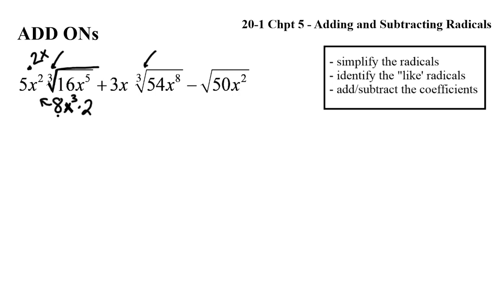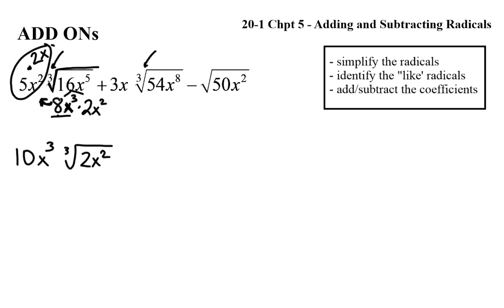But it leaves me with a 2x squared still. So that's what the 16x to the 5 became. 8x cubed roots out to become a 2x. When I multiply those two, I'm left with 10x cubed, cube root 2x squared.